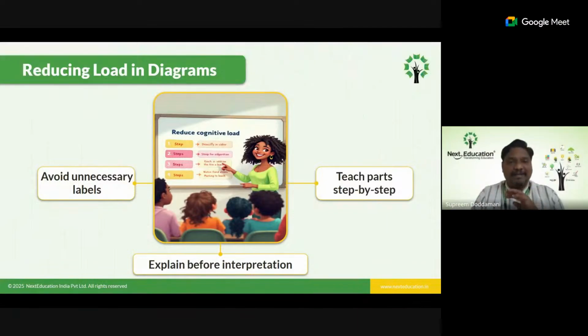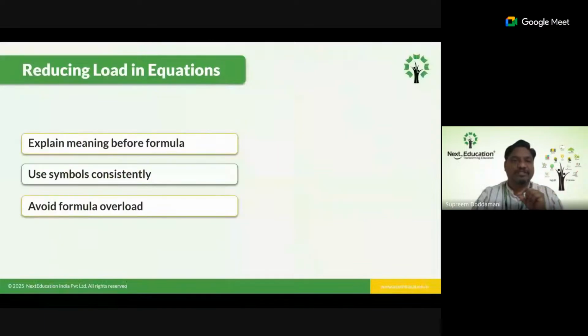That has to be avoided. The teacher has to explain each and everything step by step. So first one is this, second this, and it goes on. That gives a clear image explanation, and there will be no confusion among the students.